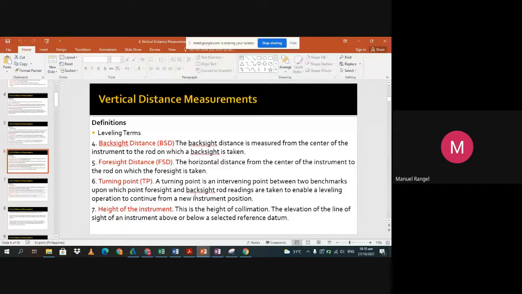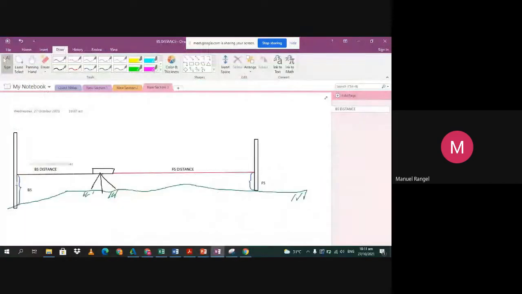Then turning point is an intervening point between two benchmarks upon which foresight and backsight rod readings are taken to enable a leveling operation to continue. So, for example, this is benchmark 1. So this is a fixed point kung saan kabalo nata kung unsa iyang mga details, na ato data sa iyang elevation and location.